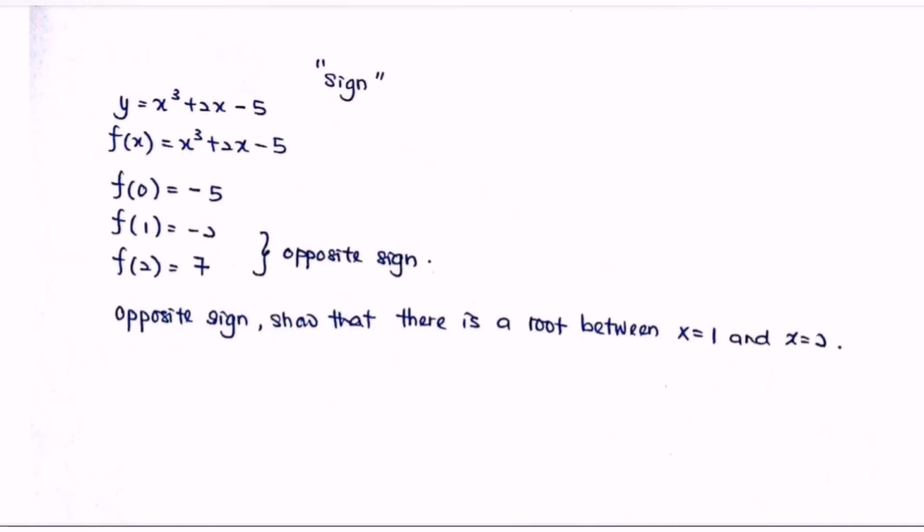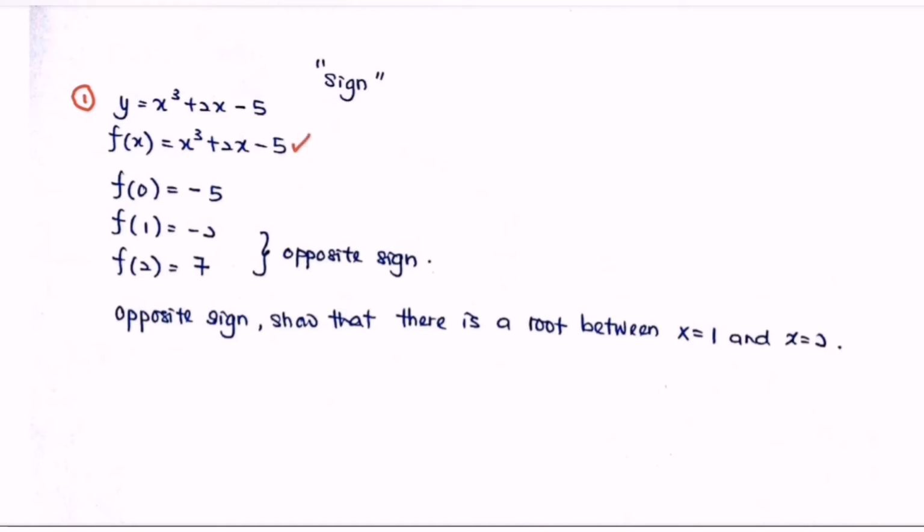So for the second method, which is searching for sign change, the first step is to have the equation x to the power of 3 plus 2x minus 5 equals 0. Then we can have f(x), where y equals x to the power of 3 plus 2x minus 5.